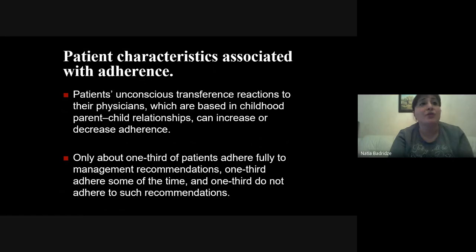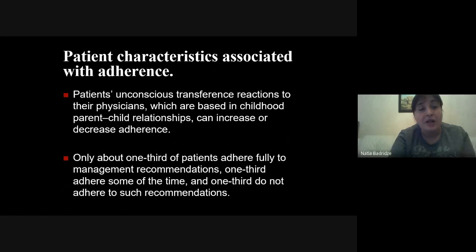If the patient does not like the doctor, adherence is decreased. Only about one third of patients adhere fully to the management recommendations, one third adhere partially, and one third do not adhere. All these adherence issues from the patient are related to the unconscious transference phenomenon to the doctor: how much the patient likes the doctor.